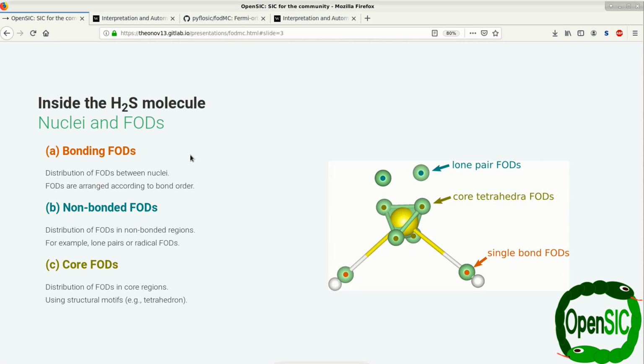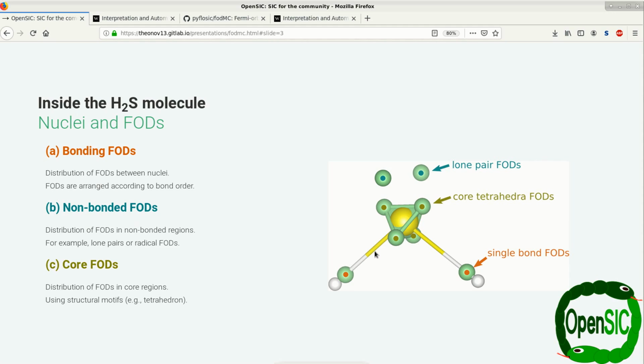Now the very first thing that happens in the fodMC is the generation of bond FODs. That is the distribution of FODs between the atoms. And we do this according to the FOD bond order we provide. For H2S we have single bonds between the sulfur and the hydrogen, which are characterized by a pair of up and down FODs right in between these atoms on the bond axis.